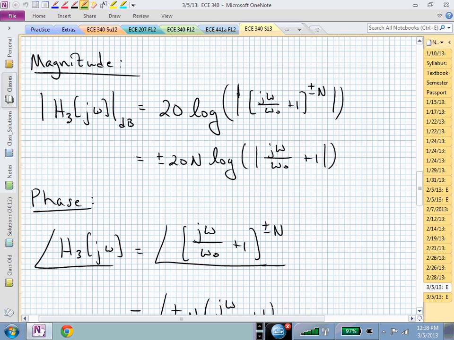Analytically, then we have the formula for the magnitude, and this is in dB, and if we assume that we might have capital N linear factors at the same frequency, that's where that capital N is coming from. The positive piece is the zeros, if we had zeros. The negative exponent means that those are actually coming from the denominator, and those would be poles.